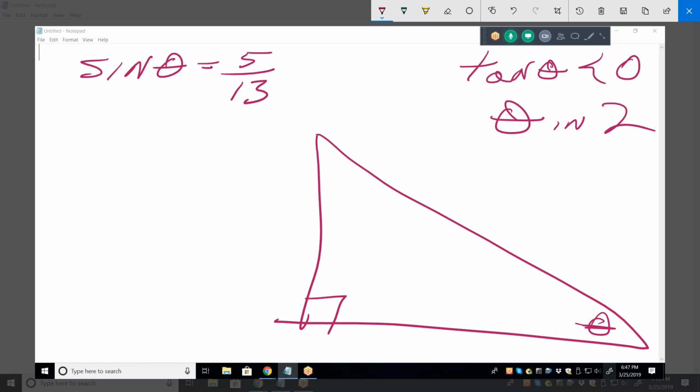So the side part would be 5 and the hypotenuse would be 13. Well, the hypotenuse is 13, but you keep getting tripped up on your SOHCAHTOA, and I don't want you to make a mistake. That's opposite over hypotenuse.